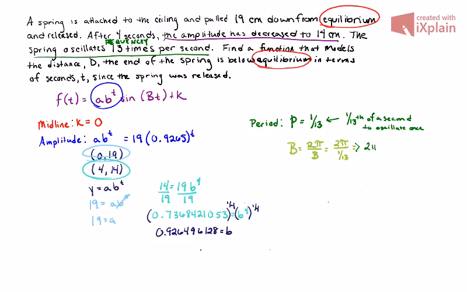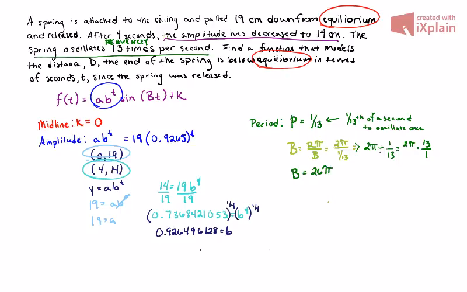We can do 2 pi divided by 1/13. I'm going to take it out of that division bar and use the operation, which is going to be 2 pi times the reciprocal. So my b is going to be 26 pi.